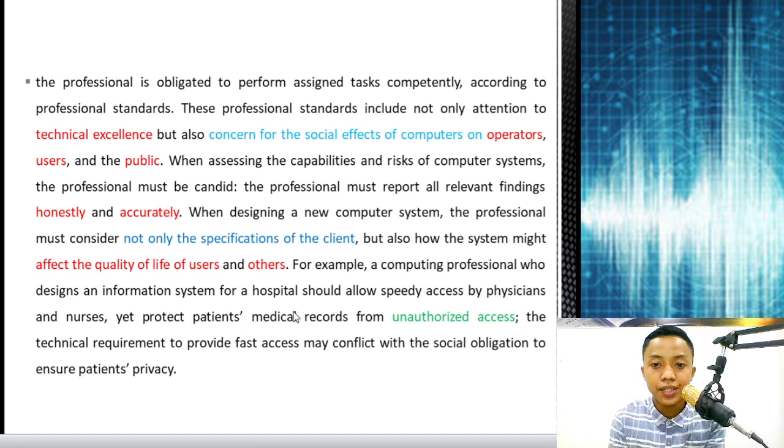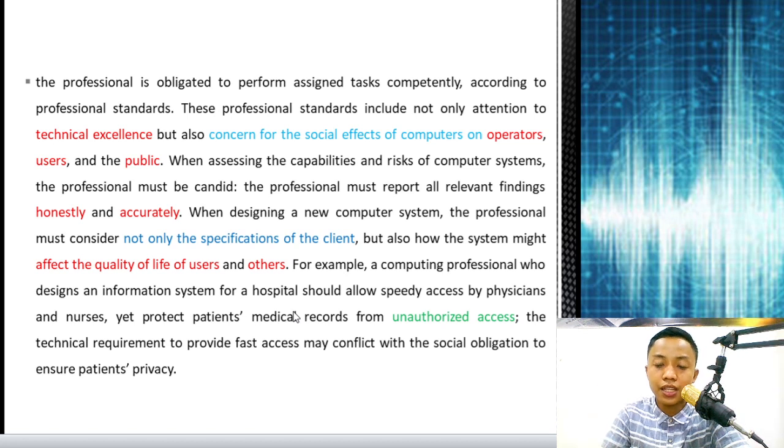When designing a new computer system, the professional must consider not only the specification of the client, hindi lang po para lang sa ating client, but also how the system might affect the quality of life of users and others. Kaya nga po, mas pinaka-importante po talaga ang mga users and others na naggagamit niyan.